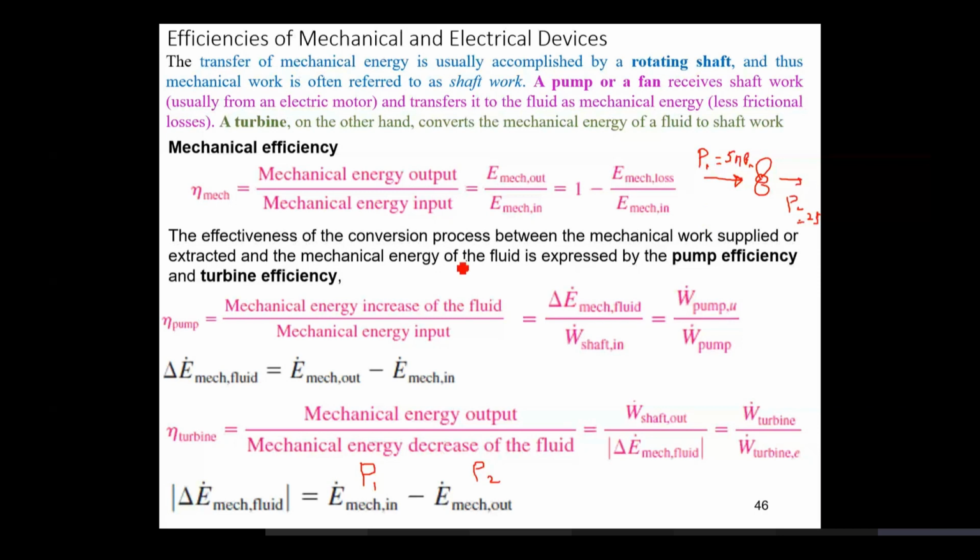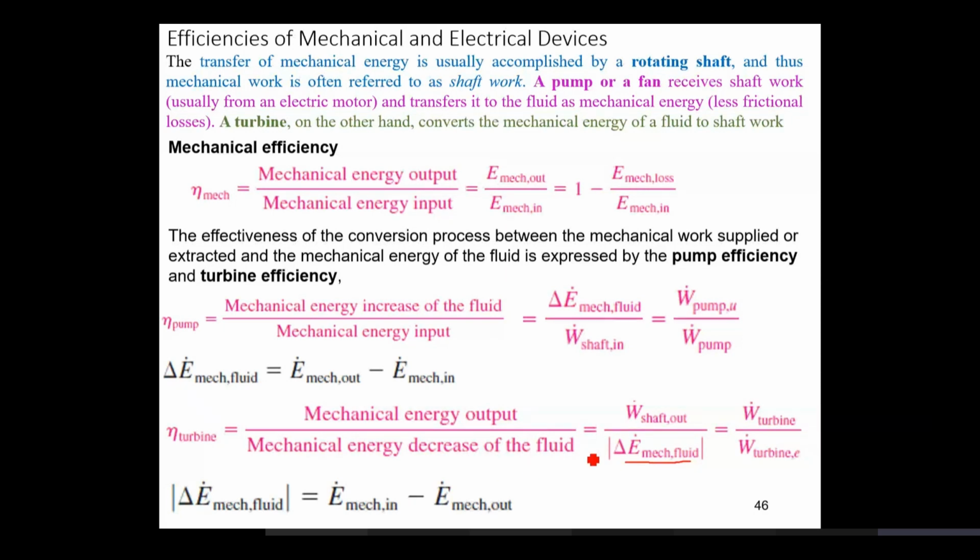But if I write it in terms of energy, I would have the absolute form of it. I would have the absolute form of the mechanical energy entering as a form of mechanical fluid.